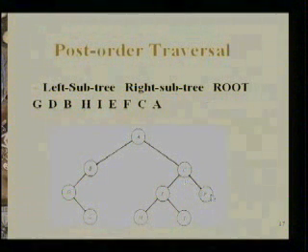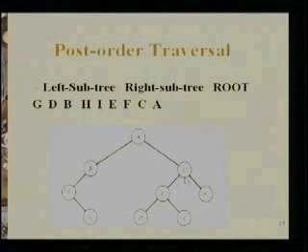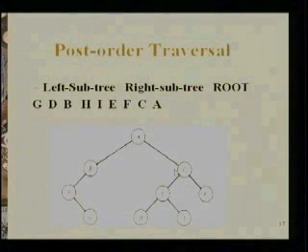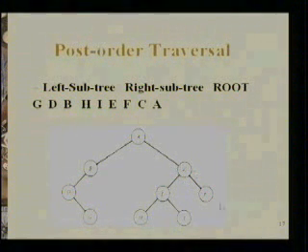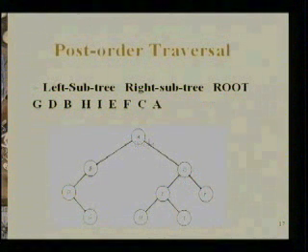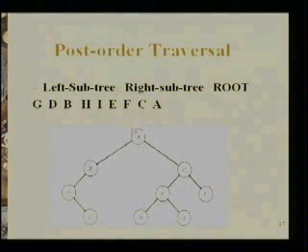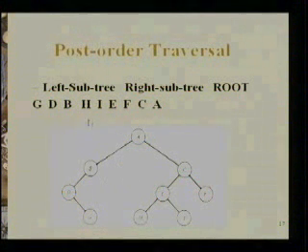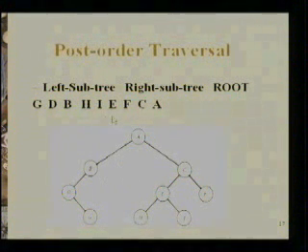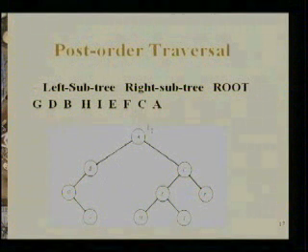And when you are going back, you will be visiting C, which you will be printing because it is the root of that particular subtree, and then you go back and print A. So the pattern of the travel is G, D, B, H, I, E, F, C and A.